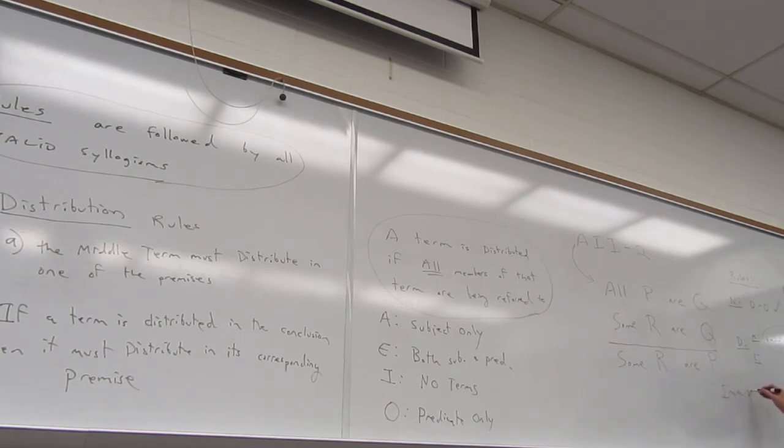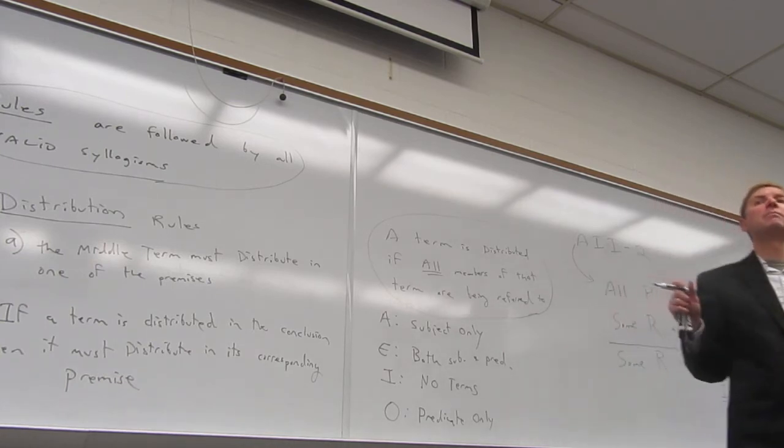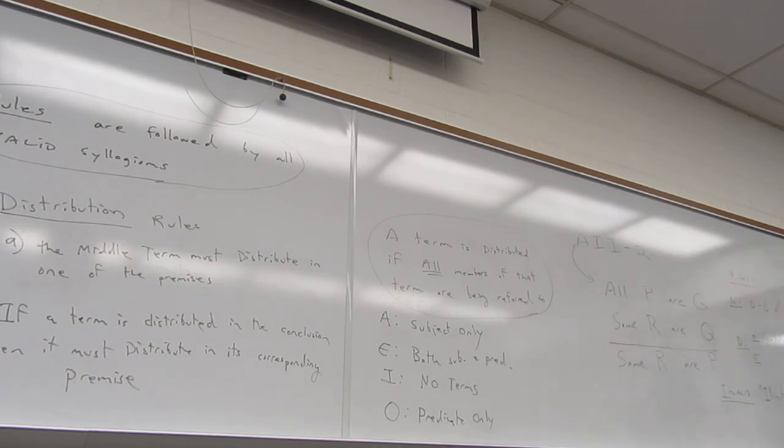And the technical name for the fallacy it commits is called the fallacy of an illicit middle term. And if you don't want to call it an illicit middle term, undistributed middle term is perfectly fine too. Now folks, you already knew that this one was invalid because we demonstrated it how?